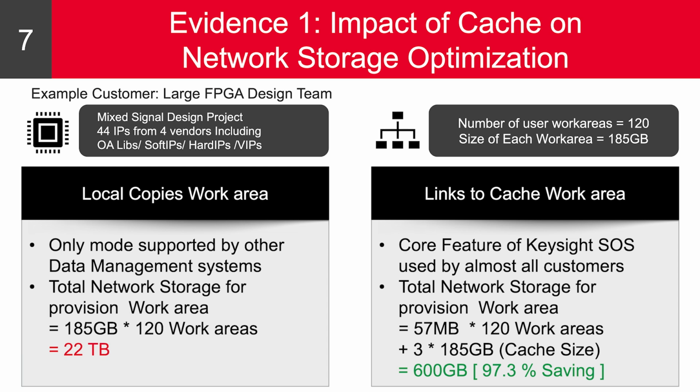If you do the math, now the individual work area size gets down to 57 megabytes times 120 work areas, but you have to account for the actual caches that are there in each of the remote locations, right? So they had 3 geographical sites, and each site has a cache. So it's plus 3 times 185 gigabytes of cache data in there, which comes up to about 600 gigabytes, and that's a 97.3% saving there, right? So that is huge, and we have one more customer example here.